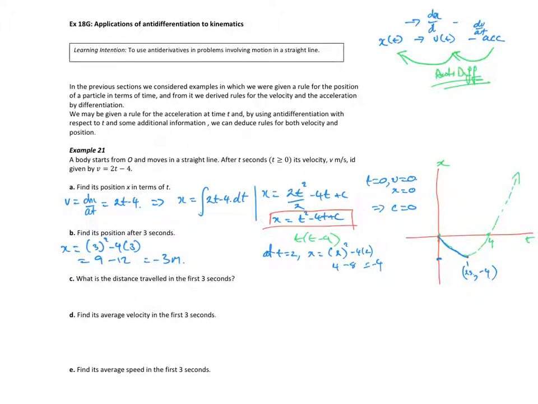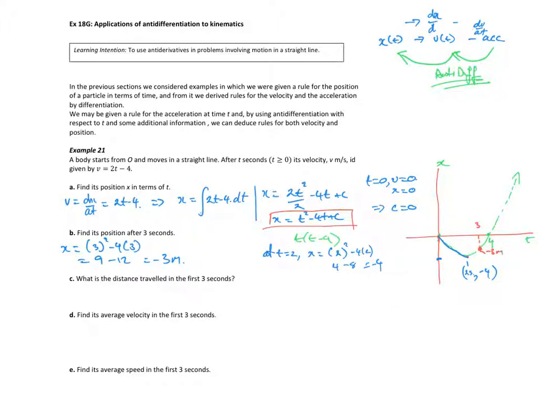So we're 4 meters to the left of the starting point after 2 seconds. At 3 seconds, that's negative 3 meters.